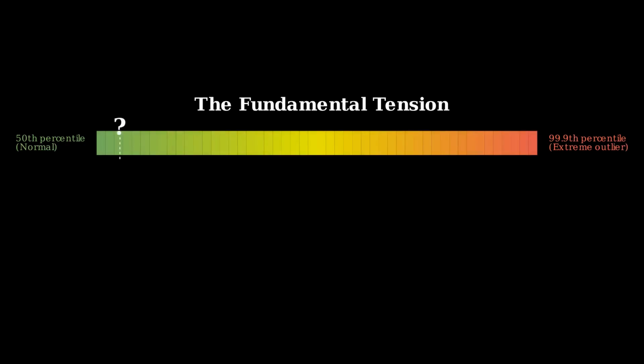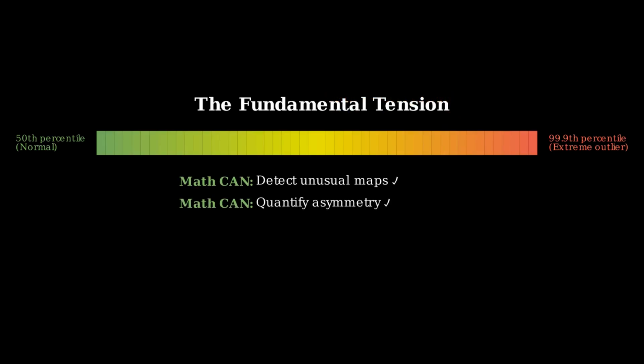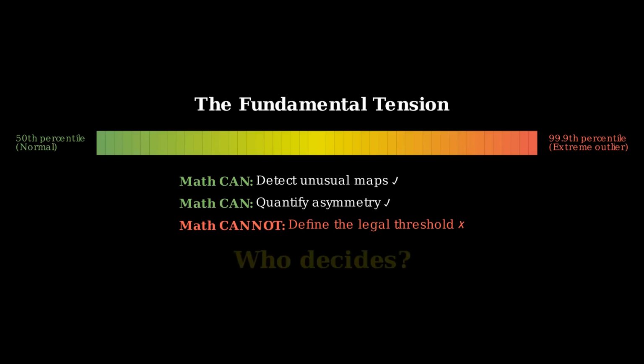But here's where we hit the fundamental tension, and it's important to be honest about it. Math can detect when a map is unusual. It can quantify the degree of partisan asymmetry. It can show that a map is a 1 in 1,000 outlier. What math cannot do, by itself, is tell us where to draw the line between acceptable and unacceptable. Is a map that falls at the 95th percentile gerrymandered? The 99th?